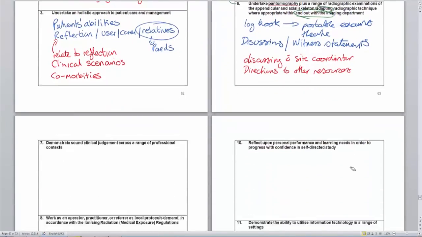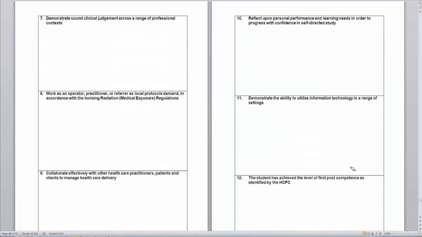So as we move on to the next set of learning outcomes, again, sound clinical judgment across a range of professional contexts. This obviously isn't just the clinical scenarios that we mentioned before, but it could also be things like radiation protection issues, and general teamwork as well.